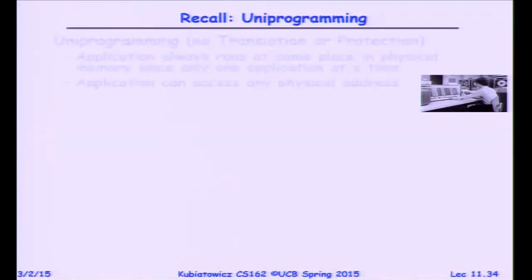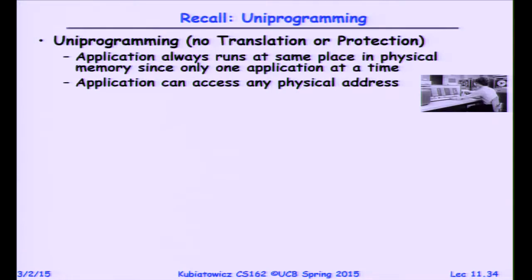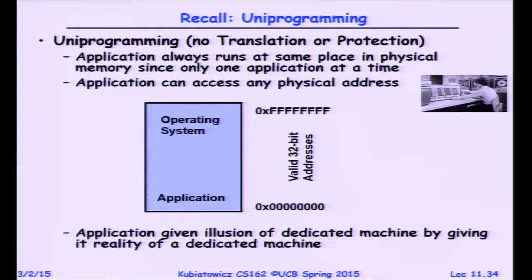Okay. Now, why did I bring up that funny relocation example? So remember uniprogramming, which was basically no translation or protection. The application runs in the same place in physical memory since there's only one application, and therefore we can link it exactly once and just load it, and we don't have to relocate it on the fly. And this seems like a very boring scenario.